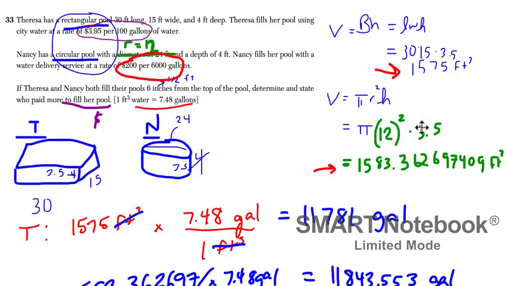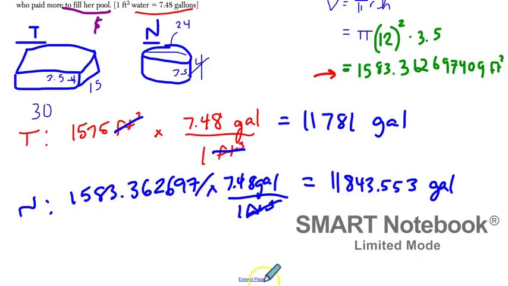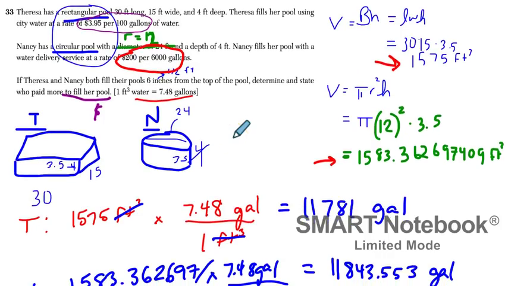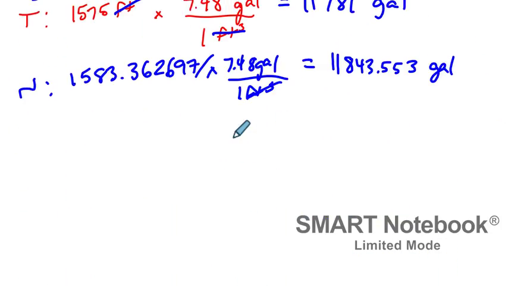And now we can figure out the total cost. So Teresa pays $3.95 every 100 gallons. So back to Teresa. She has 11,781 gallons.